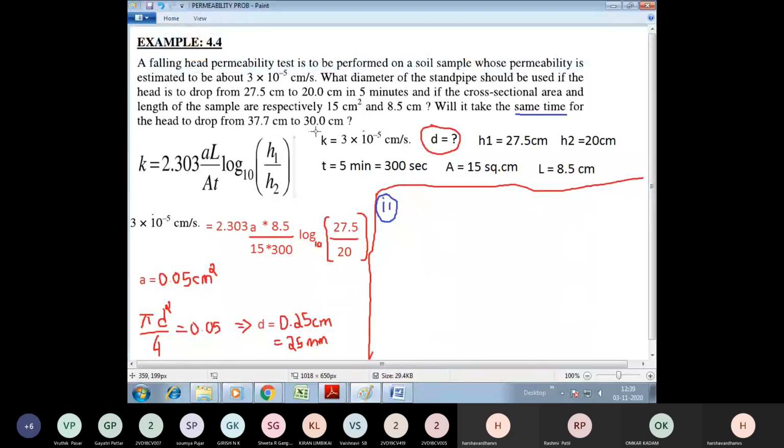That is, K is going to remain the same. We have to find T. This area and length will remain the same.